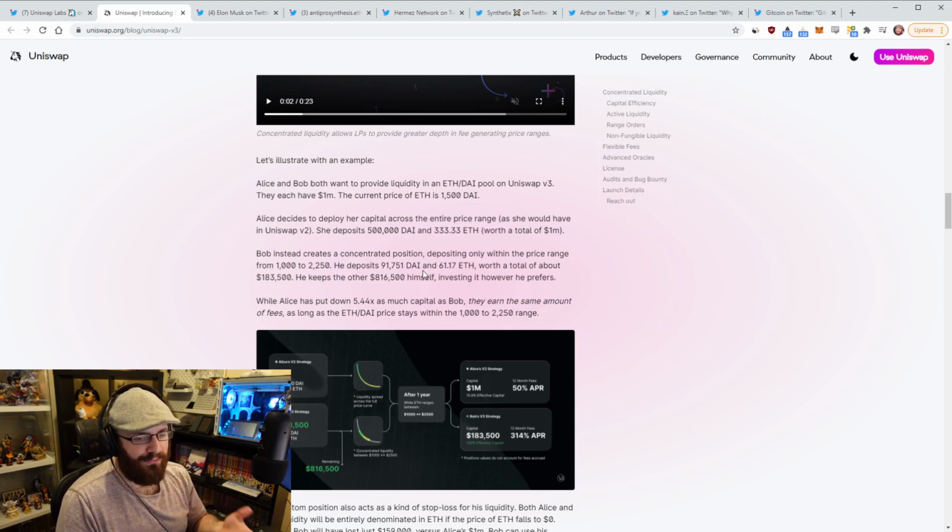If the volumes really are this high and the capital efficiency is much better, then I don't see who's going to be LPing on SushiSwap rather than Uniswap. There might be liquidity incentives with the tokens and stuff like that. But outside of that, it becomes an open question what's going to happen there.